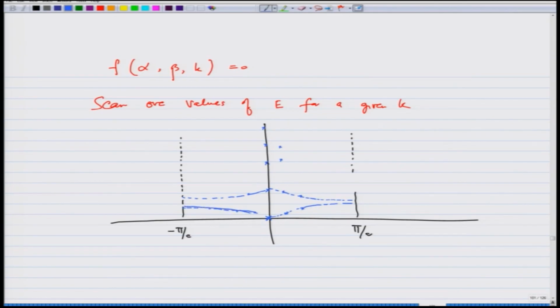For each k, there are several energies, but they form bands. They are continuously changing for each k, because k is continuous, and you get these bands. This is how the bands arise. We will see it more clearly in the next lecture when I do a simplified version of this Kronig-Penney model.